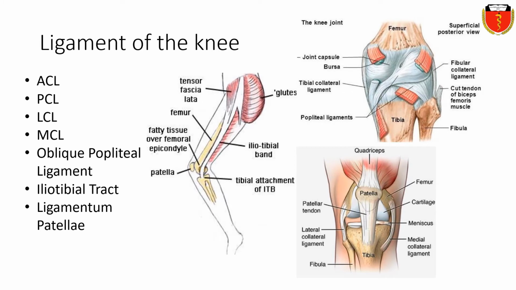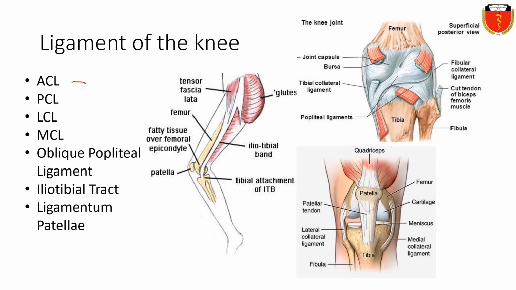Now we're going to go through a little bit about the common, main, big ligaments around the knee joint. What you need to know is the anterior cruciate ligament. The anterior cruciate ligament connects from the tibial plateau to the intercondylar area of the femur. As the name suggests, it provides anterior stability against the tibia moving forward over the femur.